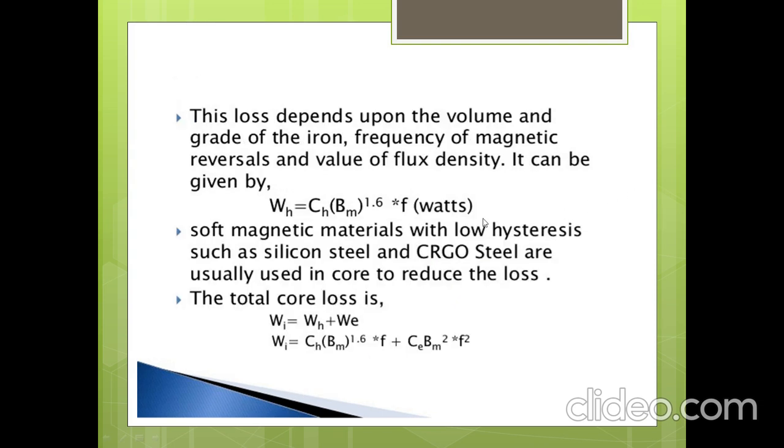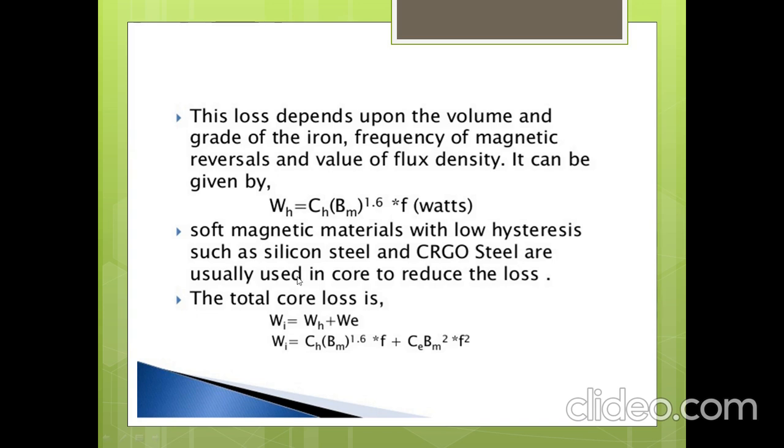Okay, so this loss depends upon the volume and grade of the iron, frequency of magnetic reversals, and value of flux density. It can be given by W_h equals C_h (B_m raised to 1.6) into f watts. Soft magnetic materials with low hysteresis such as silicon steel and CRGO steel are usually used in the core to reduce the loss.